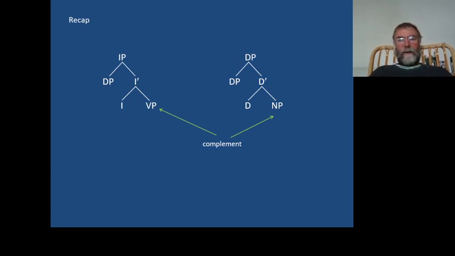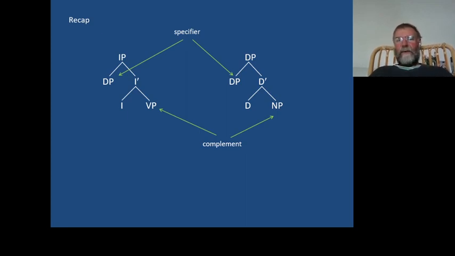The other position inside the phrase is the higher one, sister to the X-bar, daughter of the XP, and this we call the specifier. Now, the specifier is not the same as the complement. It's obviously in a different position. In English, complements follow the heads, whereas specifiers precede the heads.